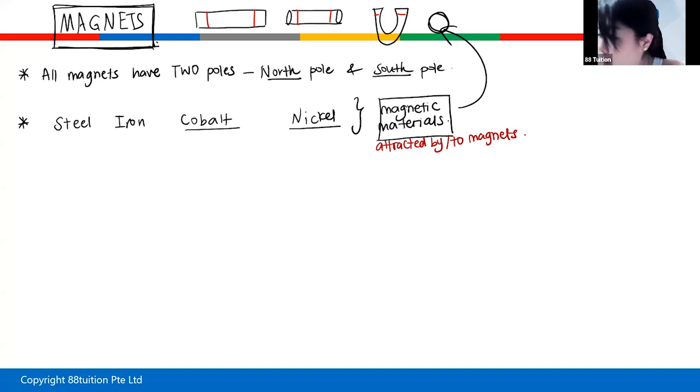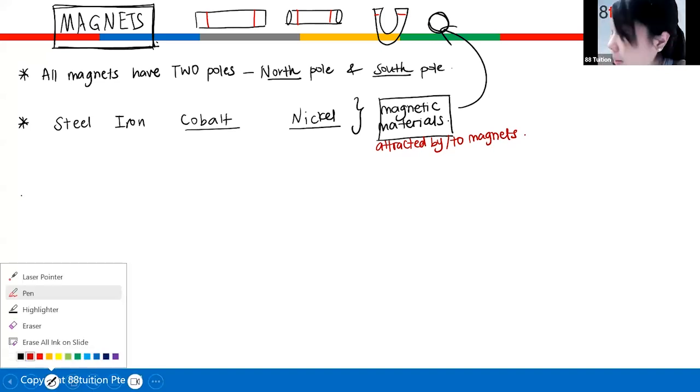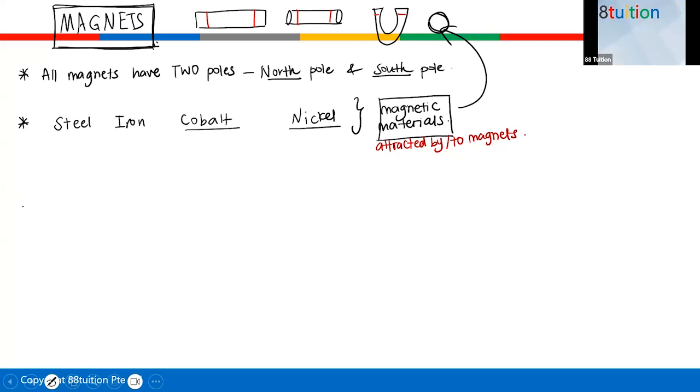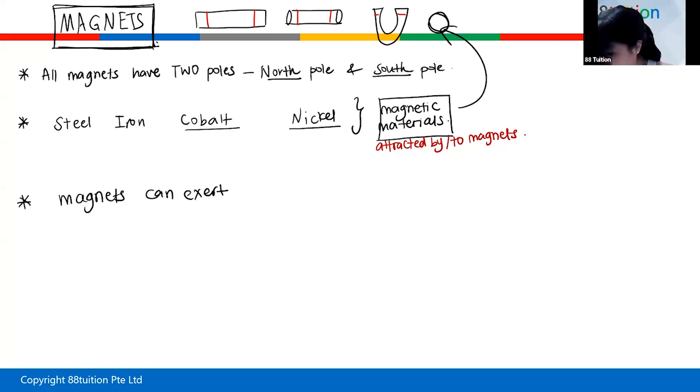Now, magnets can exert a pull or a push. Okay, so these are the two options that you will see if you put a magnet next to some materials.